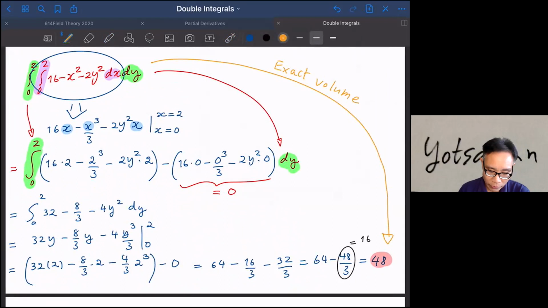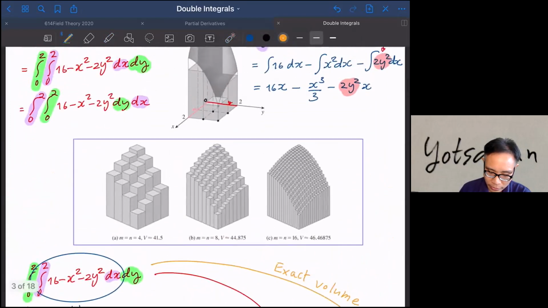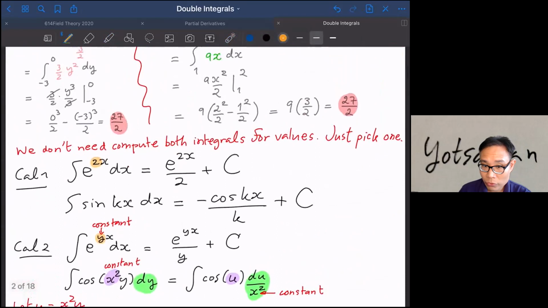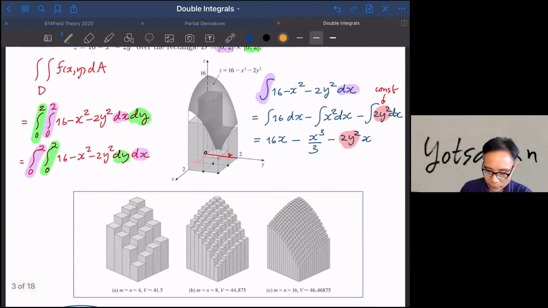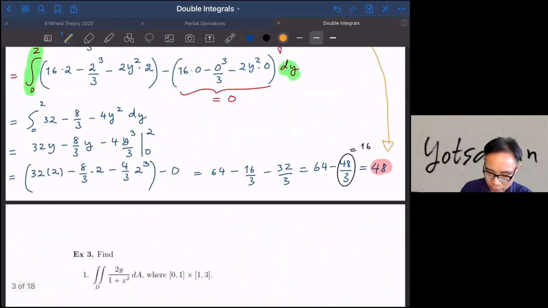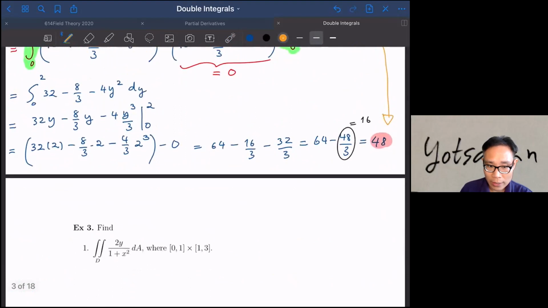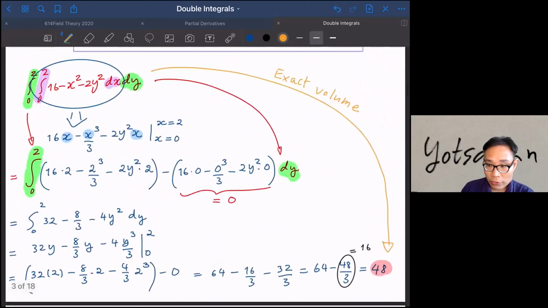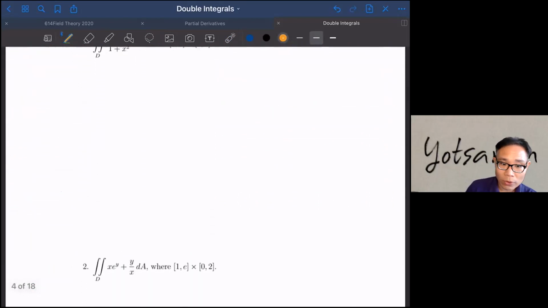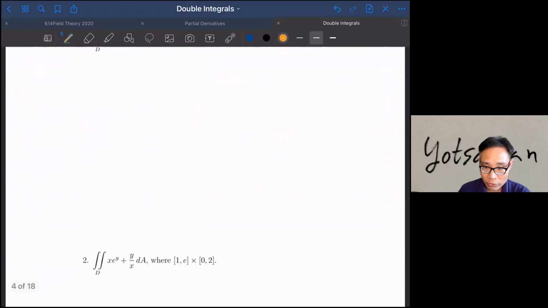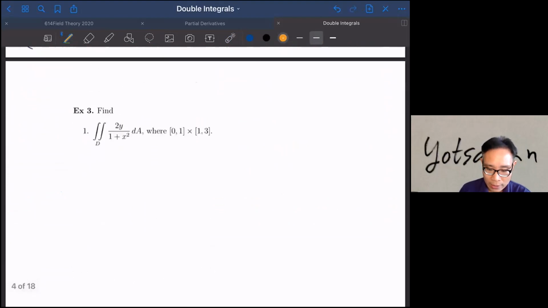This is how we use the double integral to find the volume of the solid bounded above by the surface z equal to f(x,y) over the rectangular region. This is just the first introduction. I'm going to stop here first. I'm going to do another clip with more examples on this double integral, and I'm going to teach you how to evaluate for value next.